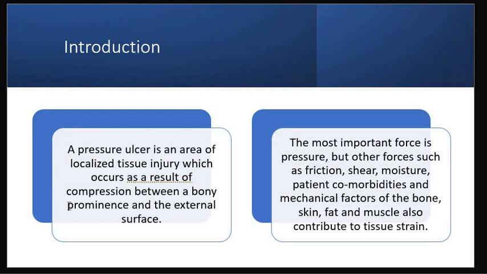After 2 hours of continuous immobility, the grade 1 pressure ulcer develops, and if this immobility persists, then grade 1 turns into grade 2, and if left untreated, grade 2 turns into grade 3 and grade 4, and some suspected pressure ulcers as well.